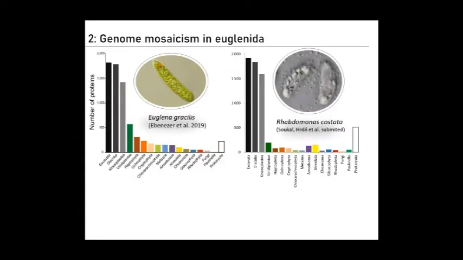So I will continue with the second challenge which we decided to discuss, and that's the topic which has already been mentioned, the known genome mosaicism in Euglenida.